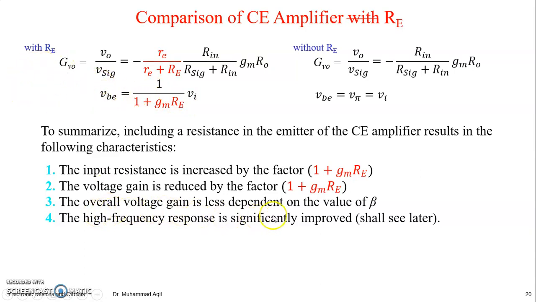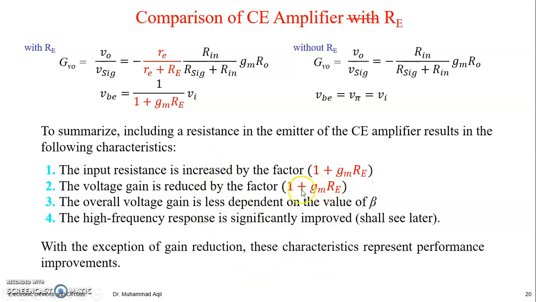The overall voltage gain is less dependent on the value of beta. This is the advantage. You want your amplifier to be independent of beta. The high frequency response is significantly improved. We shall see this later. So all of these factors except the gain reduction are advantages. The others are very good things to have in a common emitter amplifier.